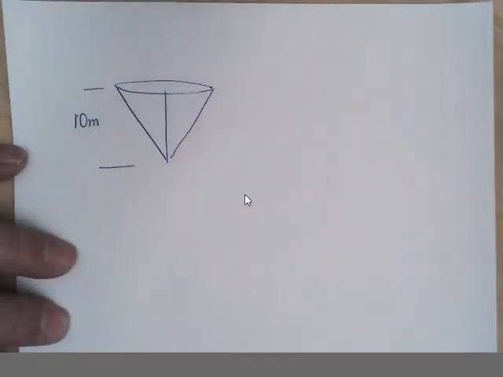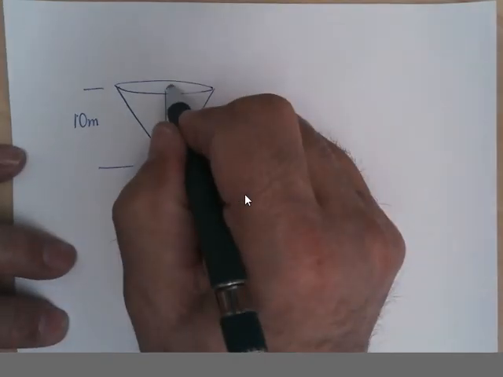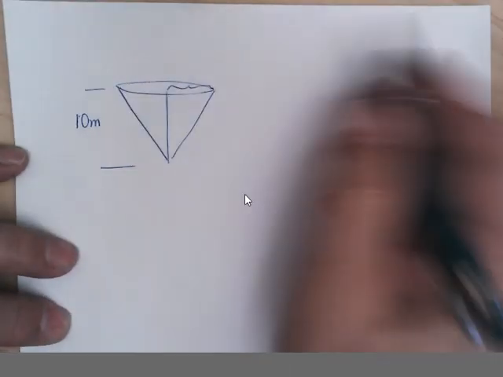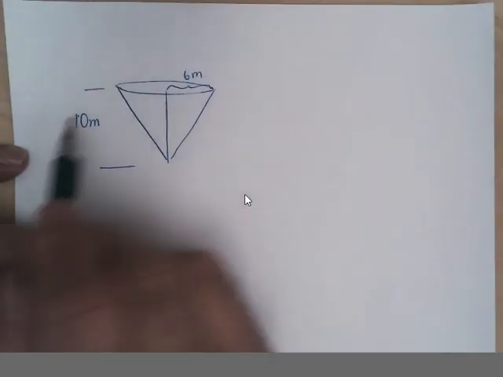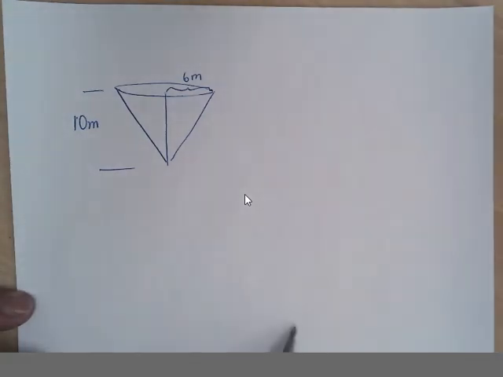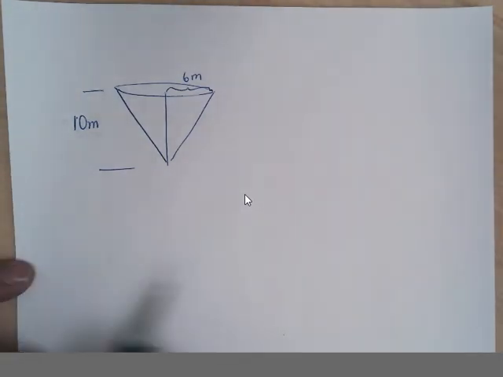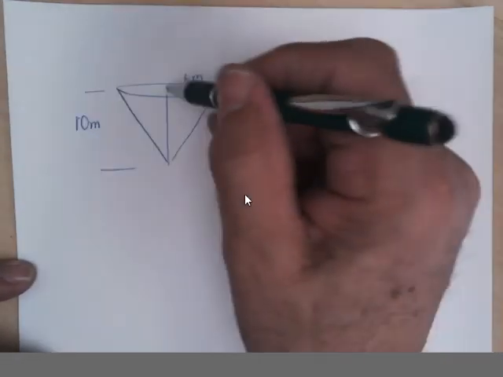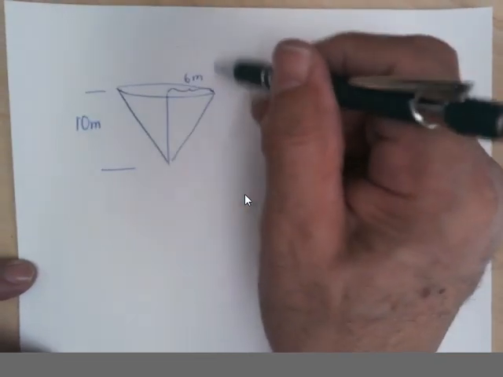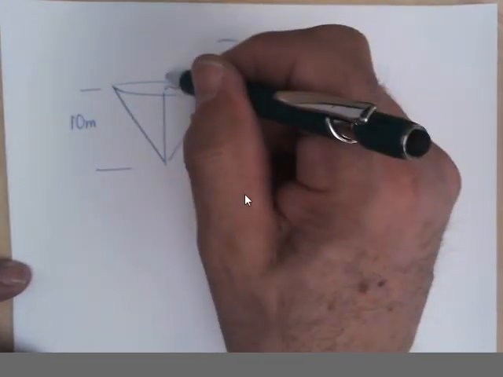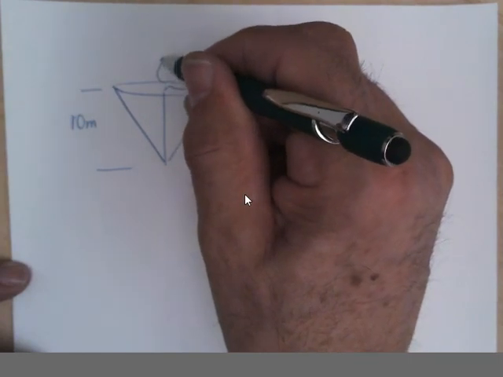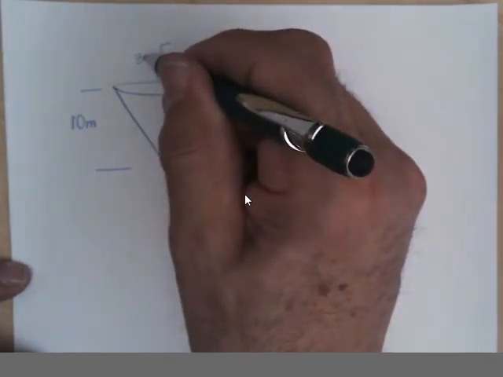Let's do this one in the metric system. And let's say the radius is, if that's 10, this might be a 6-meter radius. Okay. Let's have it filled with water. Let's make it completely filled, but we need to lift it up to pour it into something, so we need to lift it up an extra 3 meters.